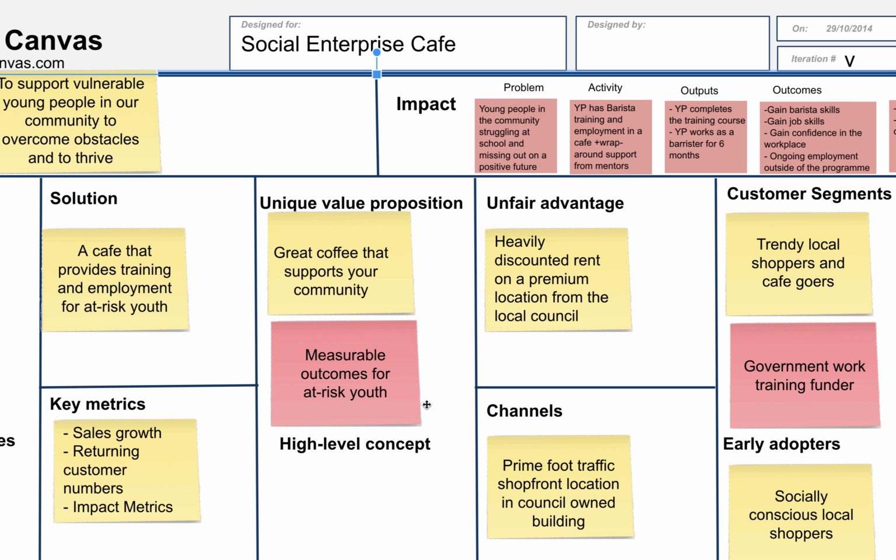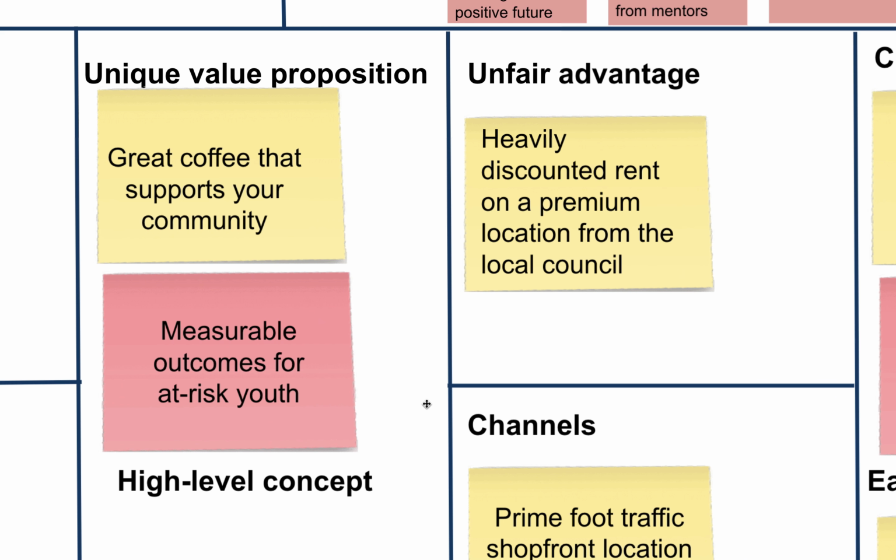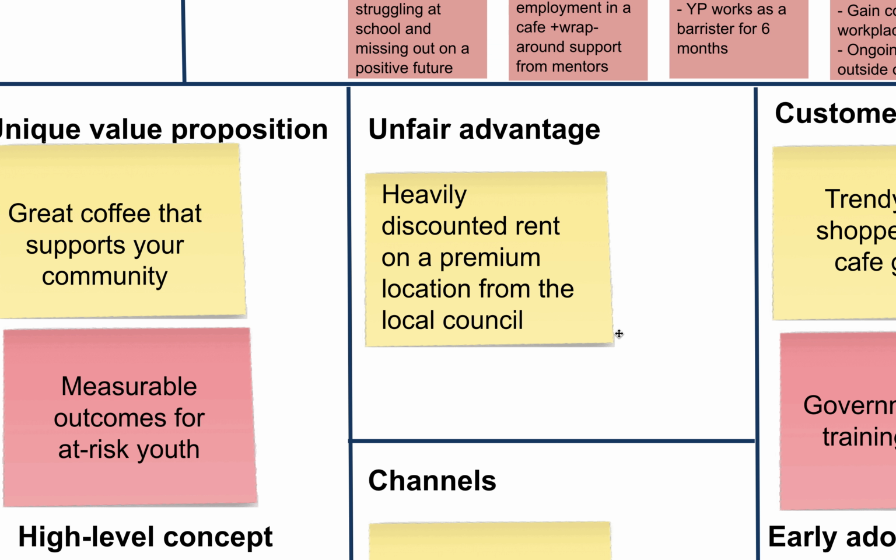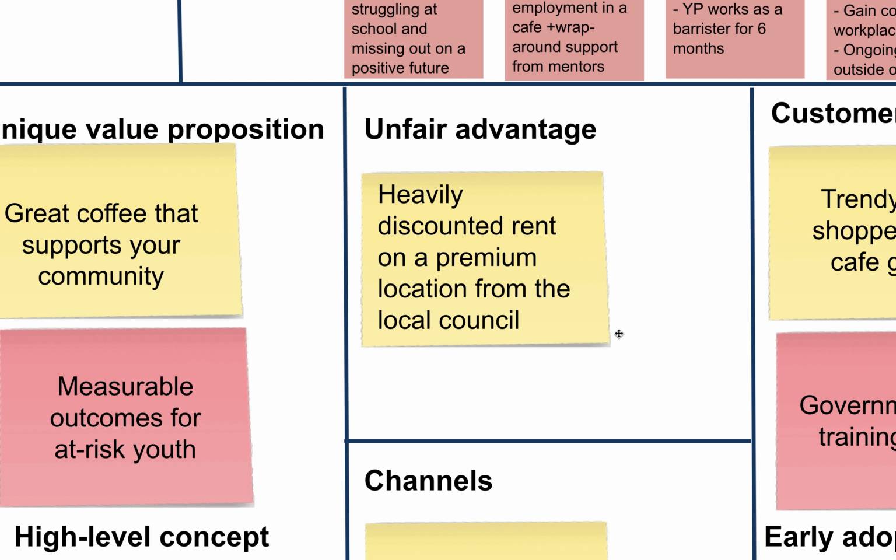And then finally, last but definitely not least, the unfair advantage. What is it that is going to give our cafe the opportunity to succeed in a really cutthroat and difficult marketplace? And so what we've got there is heavily discounted rent on a premium location from the local council. So that's a stab at what might be an unfair advantage for this cafe.